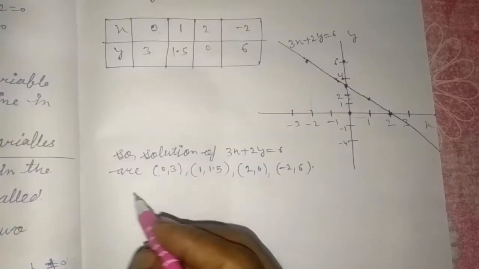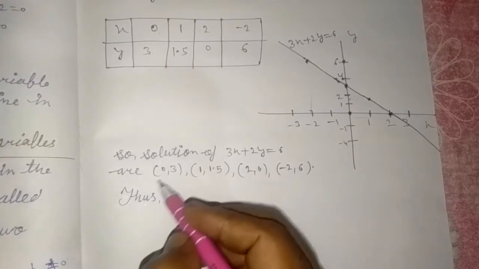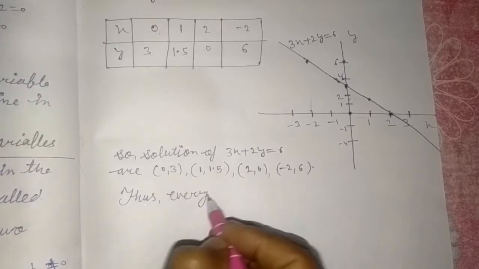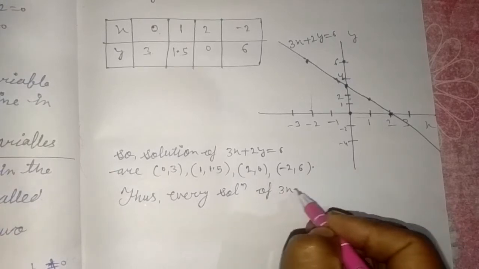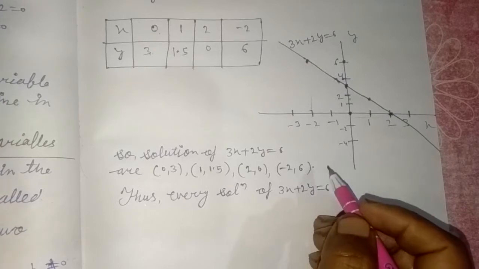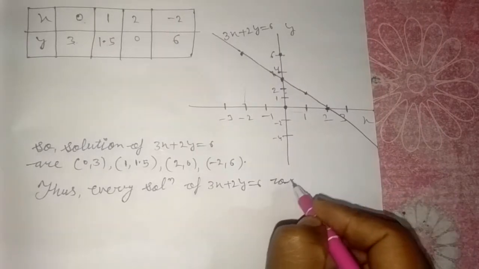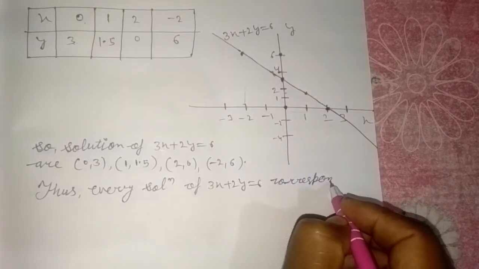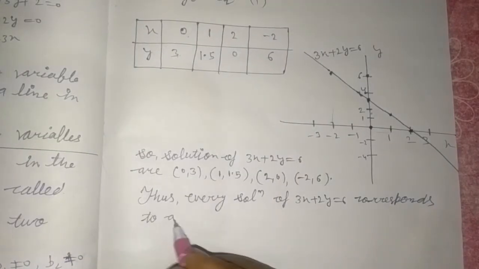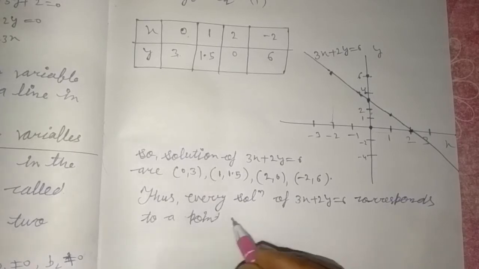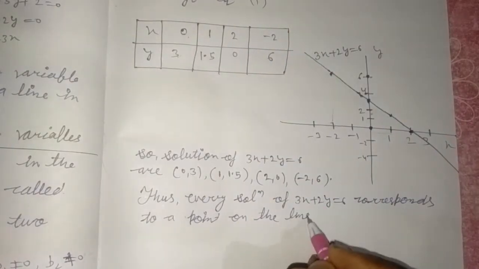Next we write, thus every solution of 3x plus 2y equals 6 corresponds to a point on this line, this straight line.